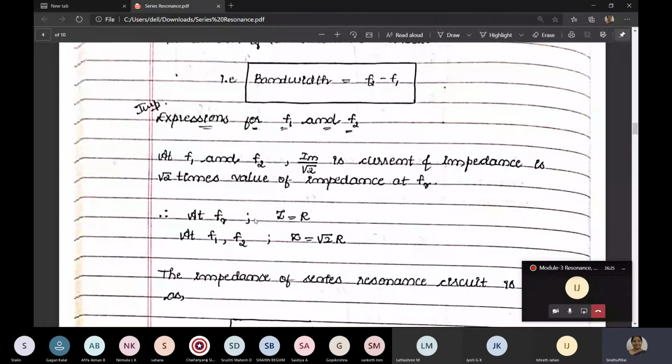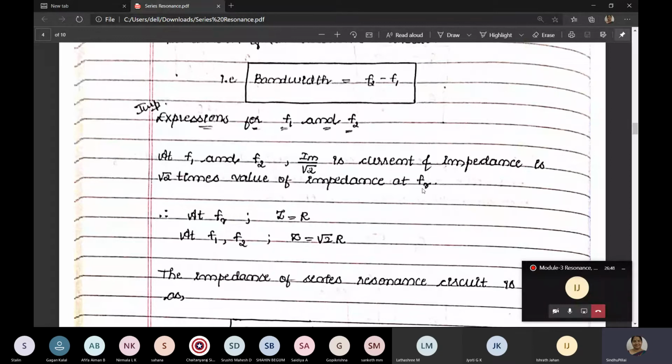So next what we have to do? We have to find the expressions for F1 and F2. At F1 and F2, Im by root 2 is the current that we have seen in the derivation. The impedance is root 2 times the value of the impedance at FR.